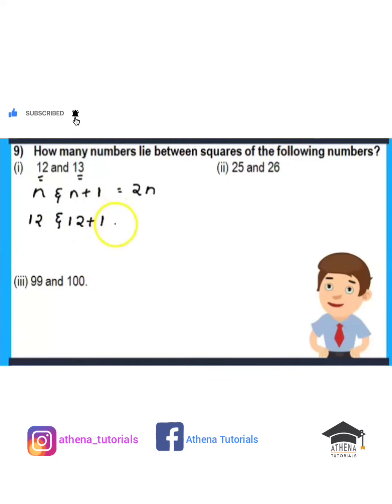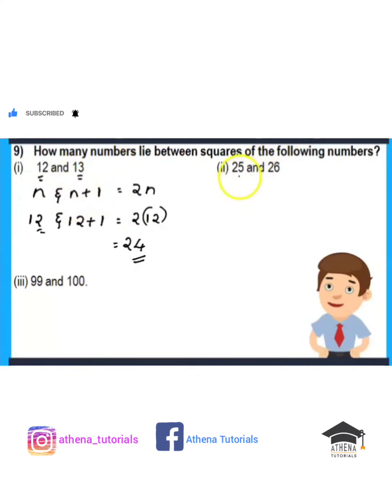So, to find how many numbers lie between the squares of these two numbers, we need to do 2 into n. The value of n is 12. What is 12 twos? 24. So 24 numbers lie between squares of 12 and 13.